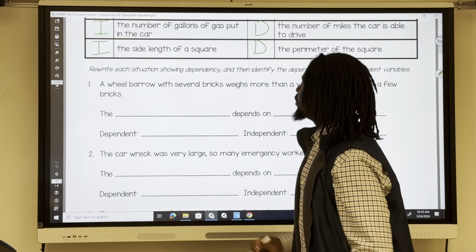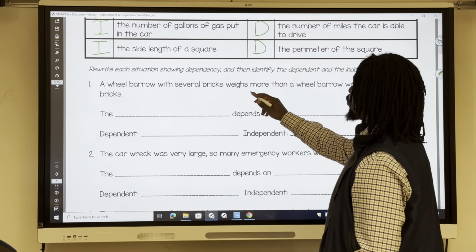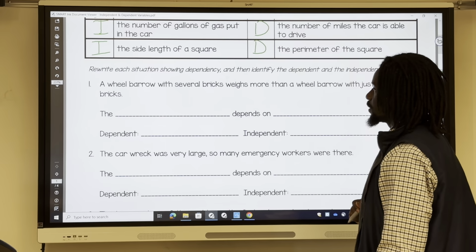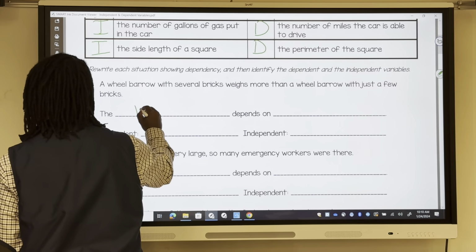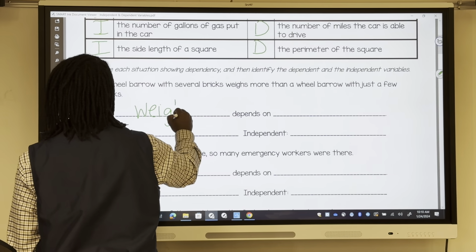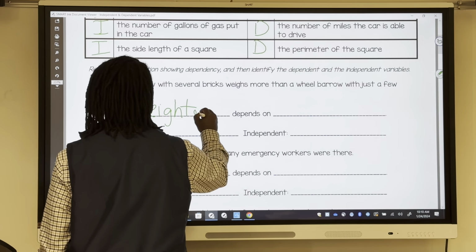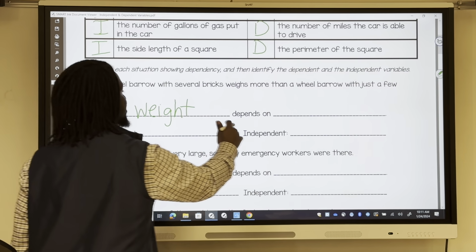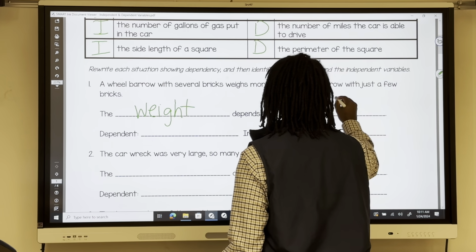A wheelbarrow with several bricks weighs more than a wheelbarrow with just a few bricks. So in this one, the weight of the wheelbarrow depends on the number of bricks.